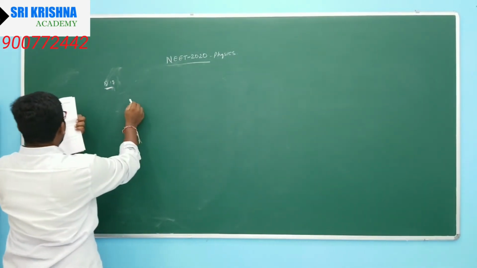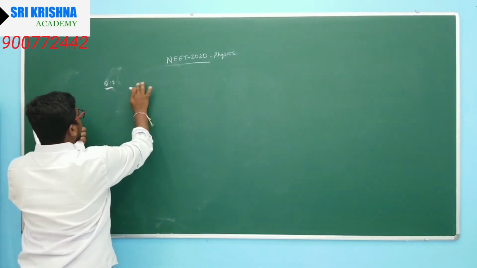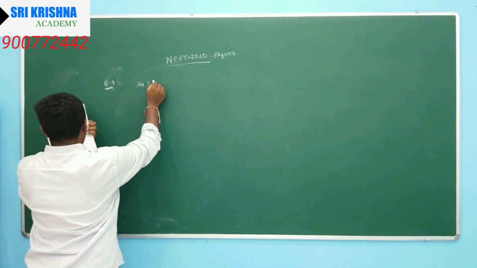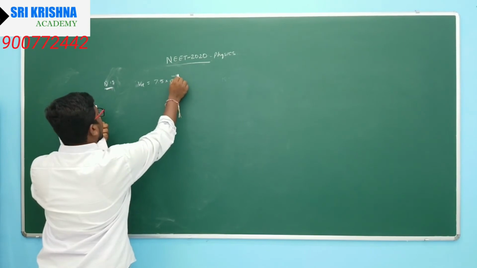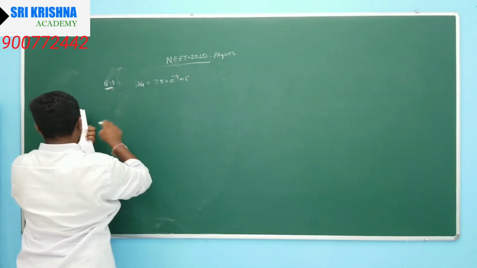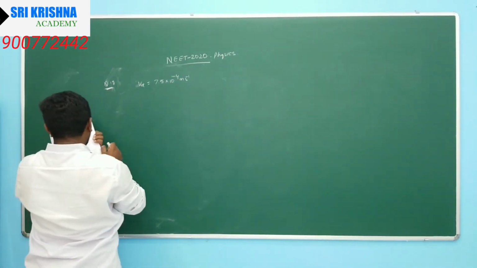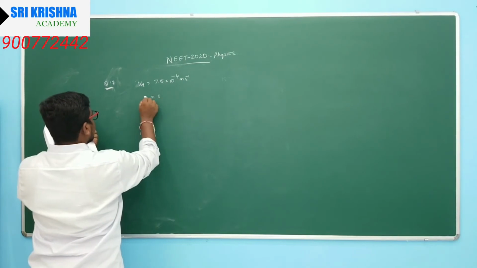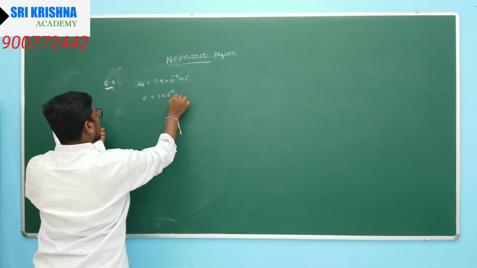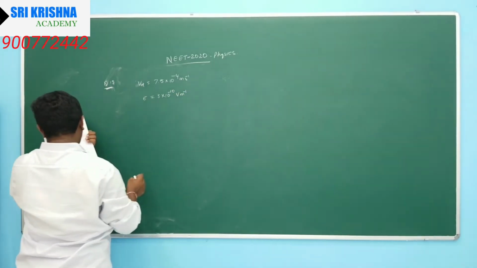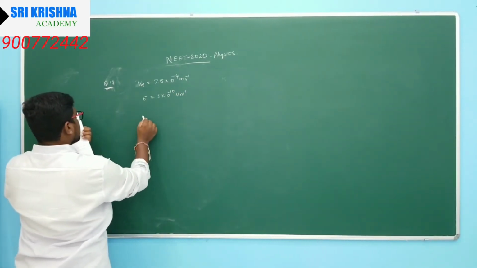A charged particle has a drift velocity Vd of 7.5 into 10 to the power of minus 4 meter per second, and the electric field is 3 into 10 to the power of minus 10 volt per meter. What is its mobility?